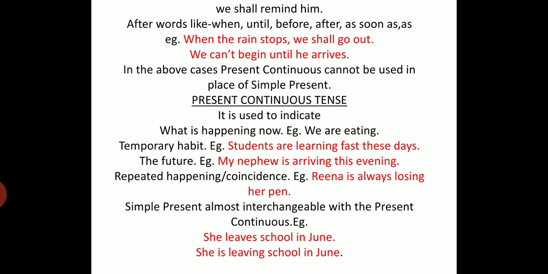You can see in the example, she leaves school in June. Now this is something which she has planned for the future. So we can say it in this way, she is leaving school in June. So they are interchangeable here. Such sentences can be interchanged.